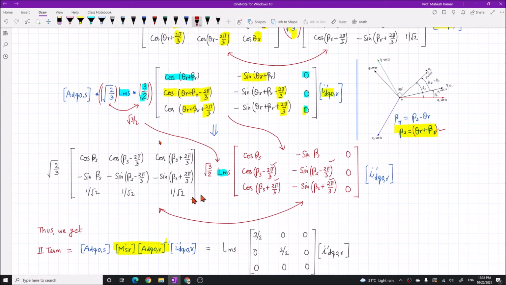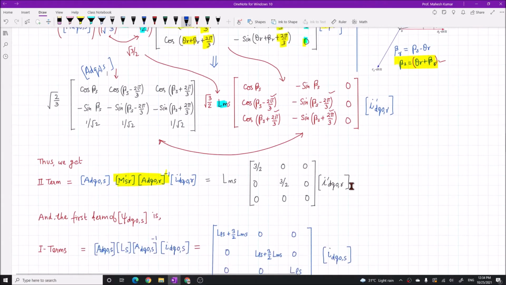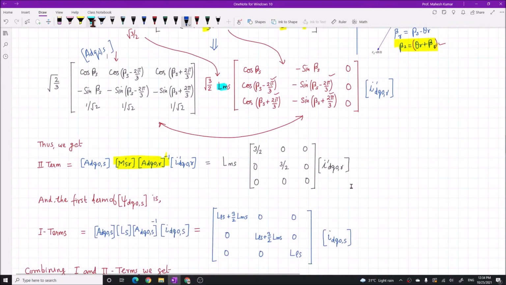So now we have to multiply this matrix with ADQ0S. This is ADQ0S. Now when we multiply these two matrices, what will we get?